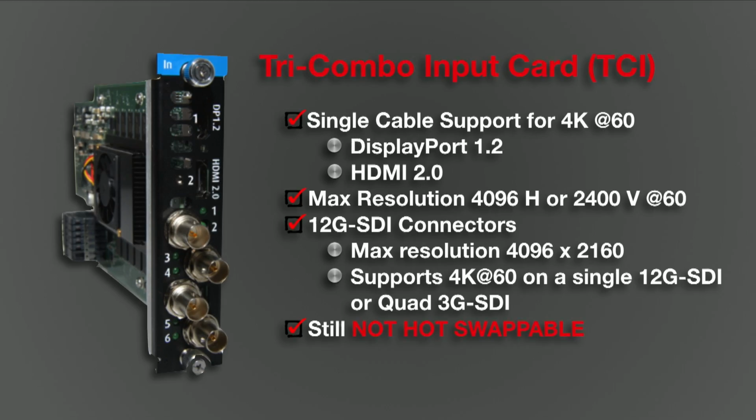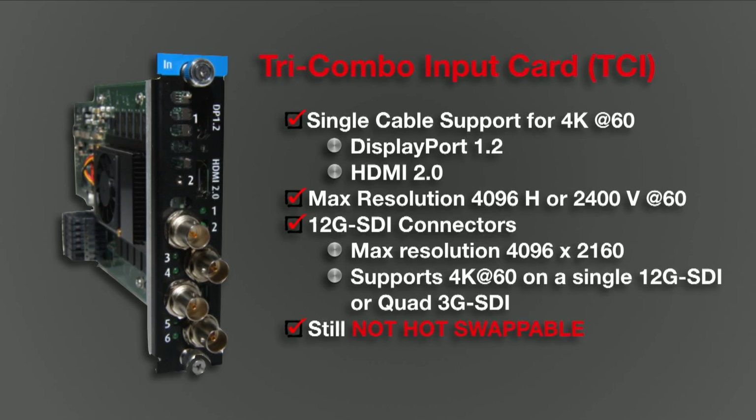We could do the normal 4096 by 2160 at 60 over a single cable, but we also have the ability to increase the vertical by reducing the horizontal. So you can get 2400 vertical as long as you shorten the horizontal. Exactly, you're basically trying to shoehorn it into that 600 megahertz cable limitation.